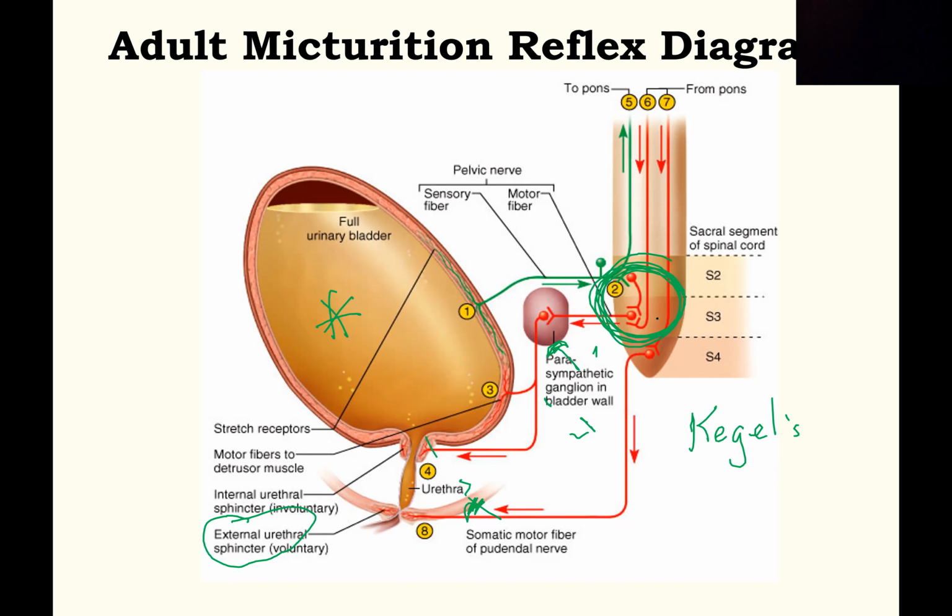Because the urogenital diaphragm is also anchored to the orifice of the vaginal canal, it also increases muscle tone there. So Kegels exercise can help reduce incontinence, both in men and women. And then it can also increase muscle tone in the vaginal canal. So micturition, emptying the urinary bladder.